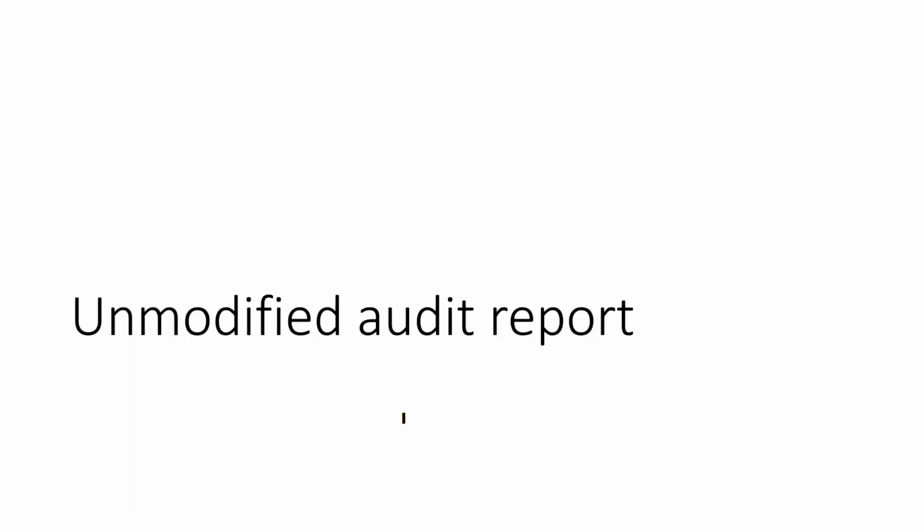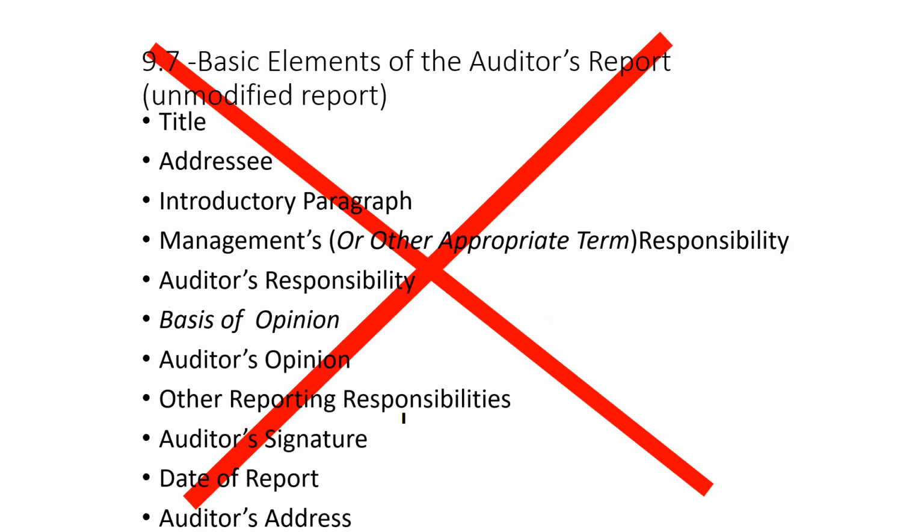Now let's look at the unmodified audit report and then the formats. Until 2017, this used to be the format of an unmodified audit report. It used to be title, address, introductory paragraph, management or director responsibility, auditor's responsibility, basis of opinion, auditor's opinion, other reporting responsibilities, auditor's signature, date of the report, and then the auditor's address.